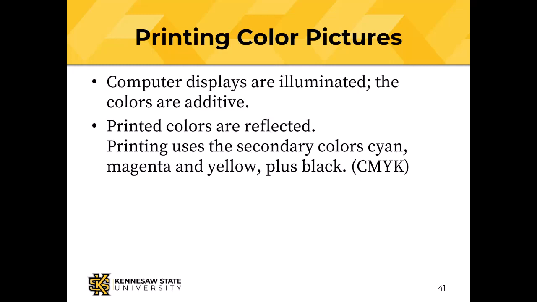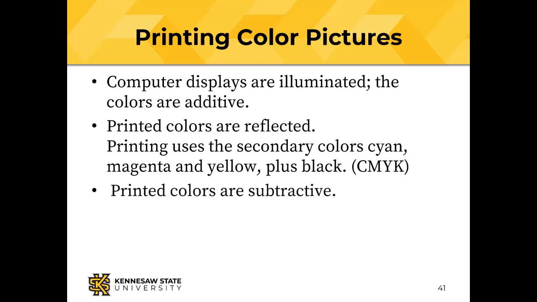This color model is called the CMYK model. That K stands for black. We already used B for blue in the RGB model. We need black because mixing cyan, magenta, and yellow doesn't give us a true black. It gives something that's kind of a muddy brown.